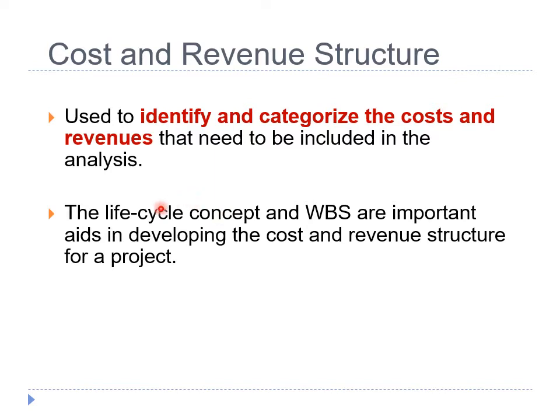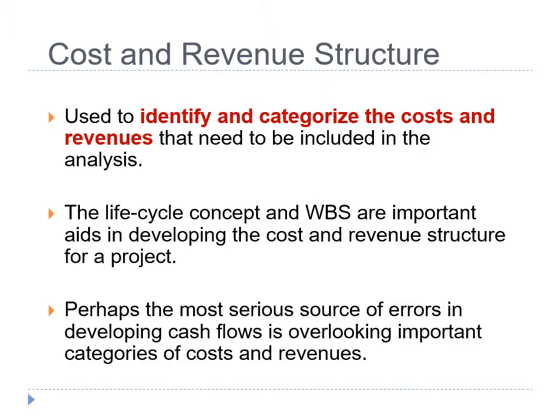The life cycle defines the maximum time period of the project. It establishes a range of cost and revenue elements that need to be considered in developing cash flows. The work breakdown structure focuses the analyst's effort on the specific functional and physical work elements and on their related costs and revenues.